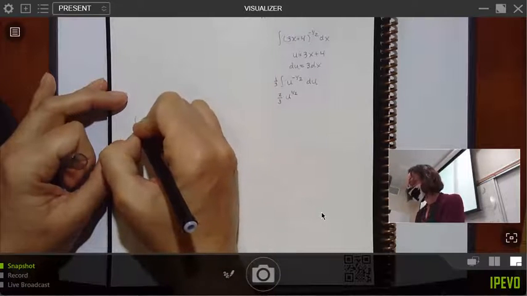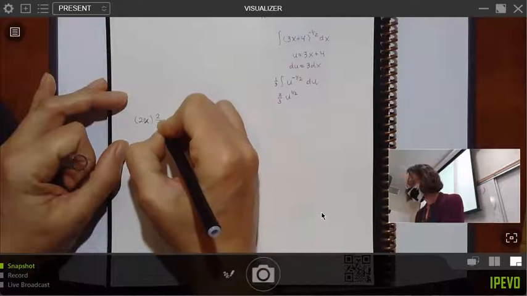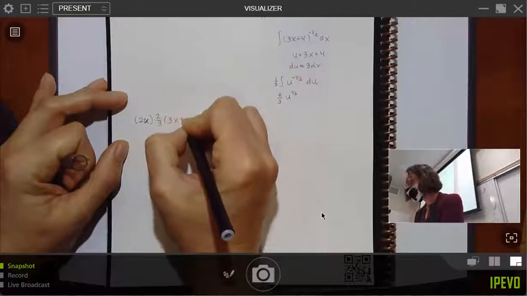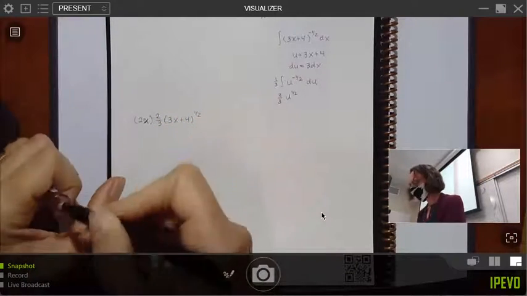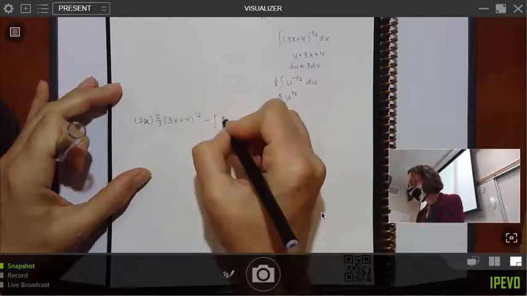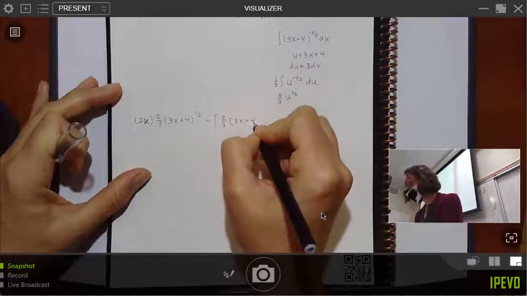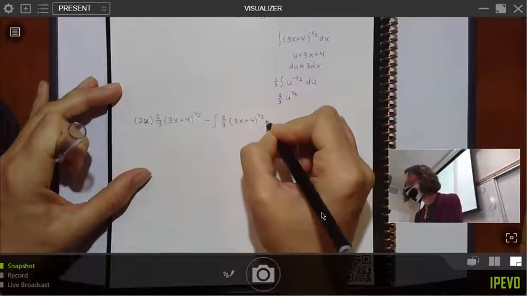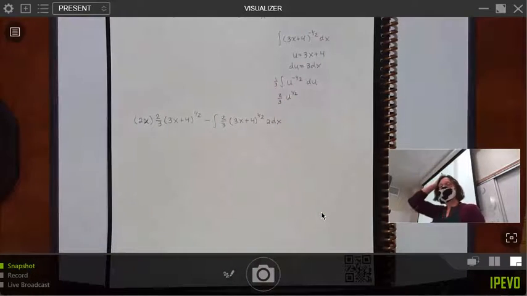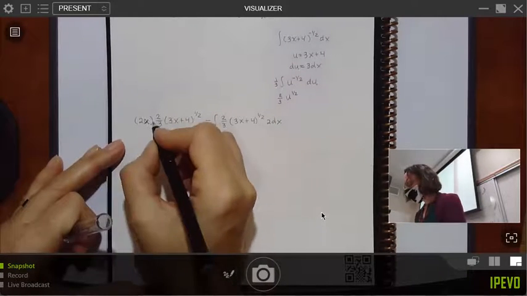So u, which is 2x, times my v, 2/3 of 3x plus 4 to the 1/2, minus the integral of v du, so 2/3 of 3x plus 4 to the 1/2 power times 2 dx. And I would take a minute to get those numbers out in front first. So I'll clean this up a little bit.